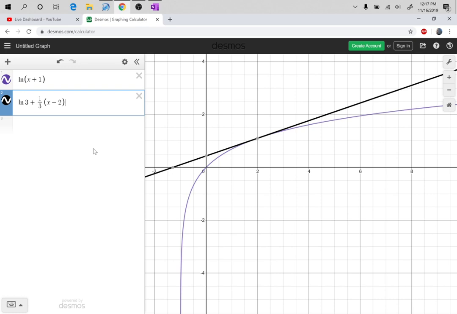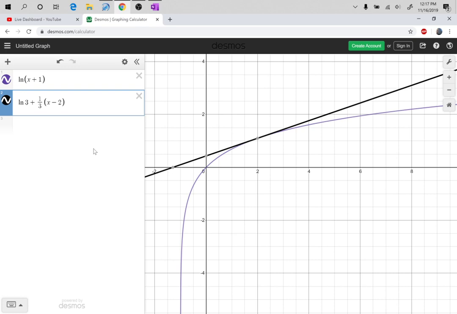It was called L of x, and it had f of a plus f prime of a times x minus a. That's exactly your first two terms of the Taylor expansion. And then when you start adding more terms, that tangent line starts bending and following the function.